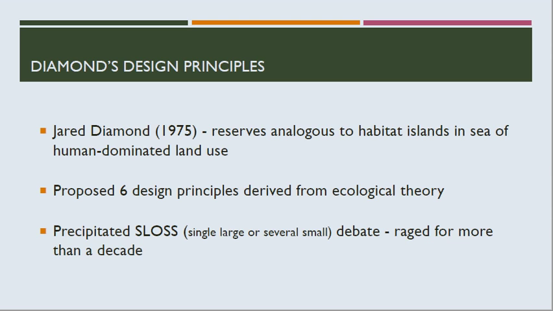Okay, so Jared Diamond was then trying to bring some ecological science into what was previously very much a socio-economic means of setting the boundaries or positions of protected areas around the world.